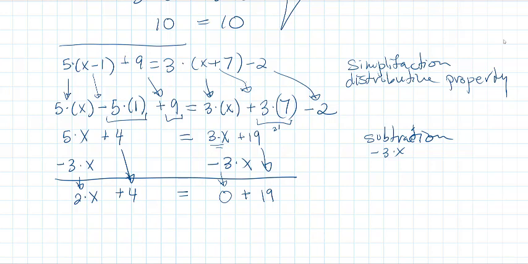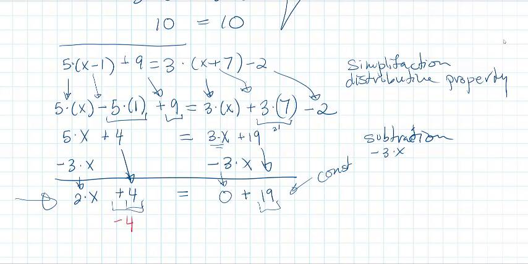Okay, so now we have all our variables on this side, on the left, but we still have what we call constants, numbers that don't change. That's why we call them constants. We still have constants on both sides. So let's use the inverse operation to plus 4. That would be minus 4, right?